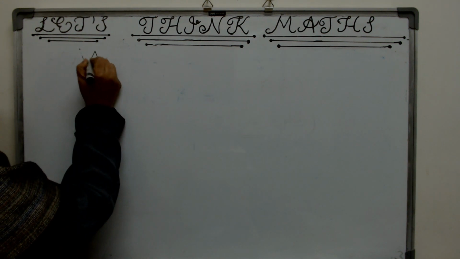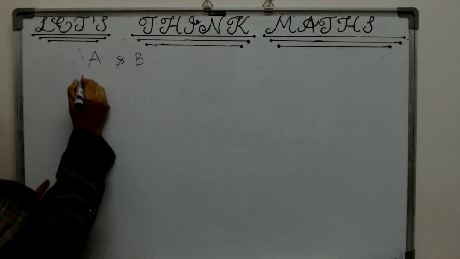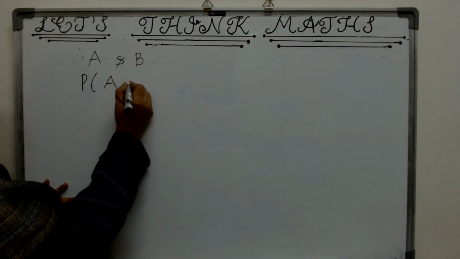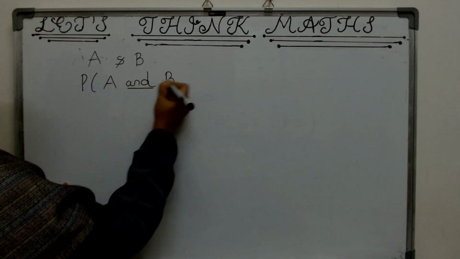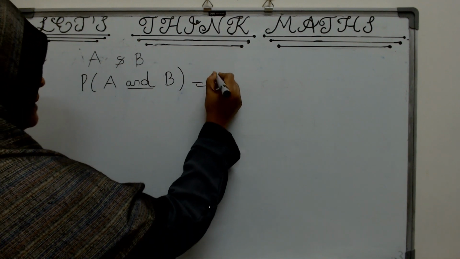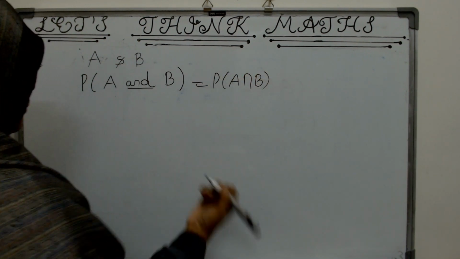Suppose you have two events A and B. Then what do you mean by the probability of A and B happening? It means the probability of A intersection B. Why is that?